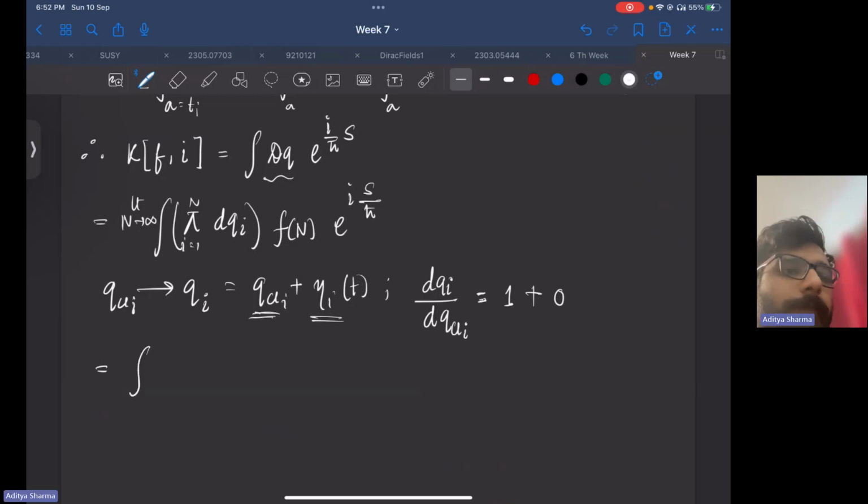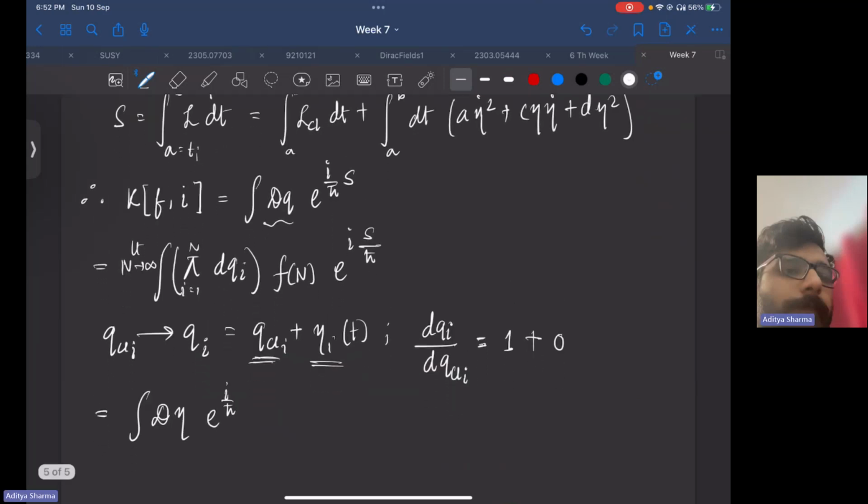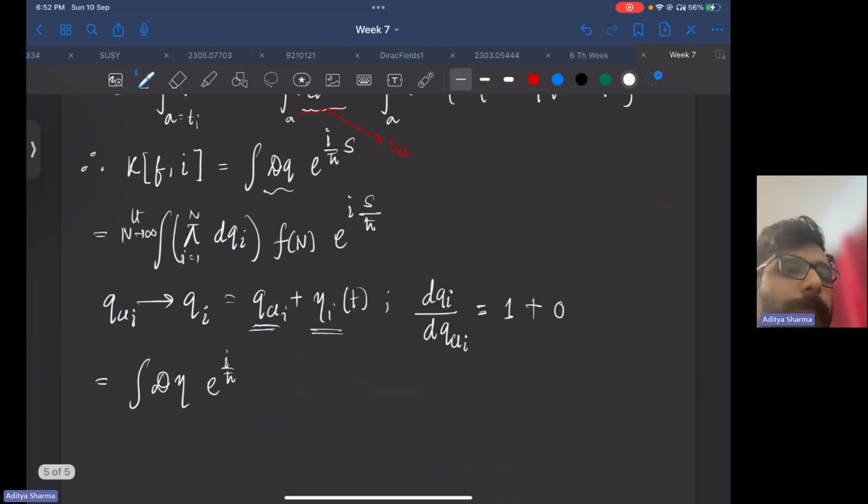So we are going to have dη e to the power i/ħ S, where S will have this part, which I'll call S classical, and the other part.